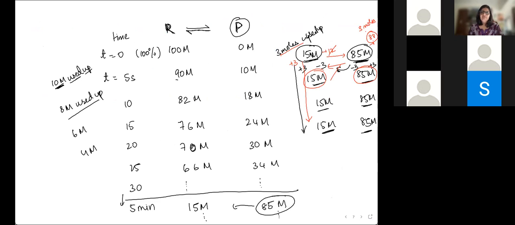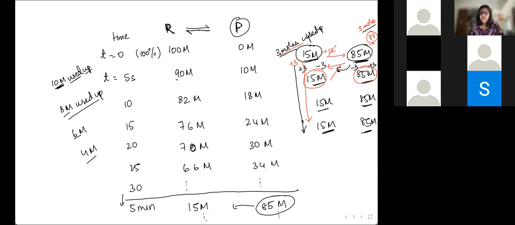See, once the reactant reaches a certain point, let's say in this case 15 moles, after that, as the reaction is going on, 3 moles of reactant will get used up. Like 3 moles will react to give 3 moles of the product.